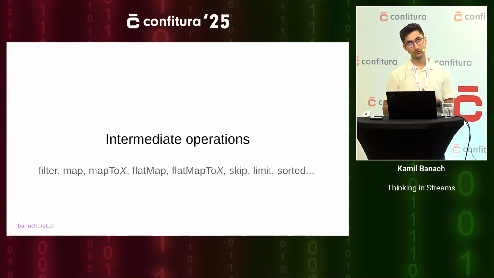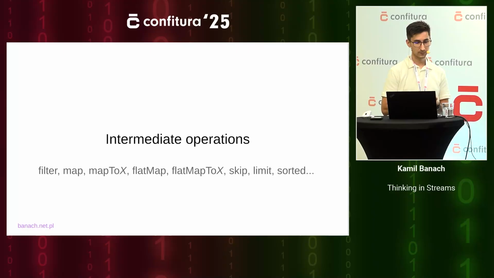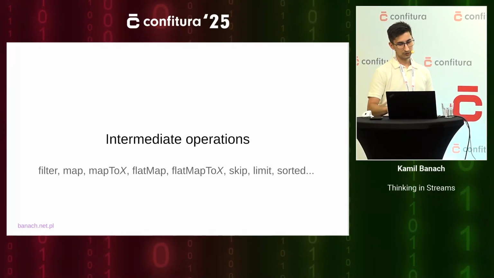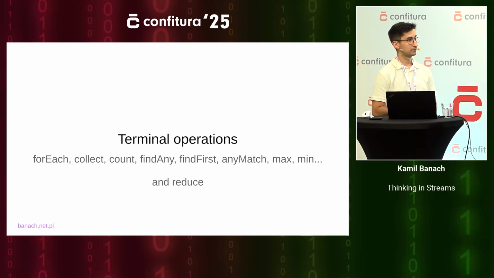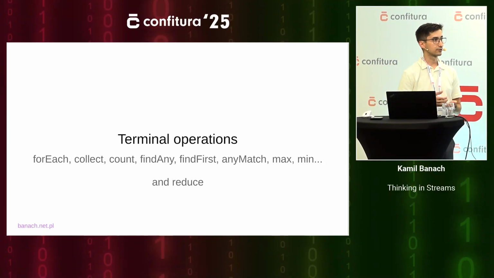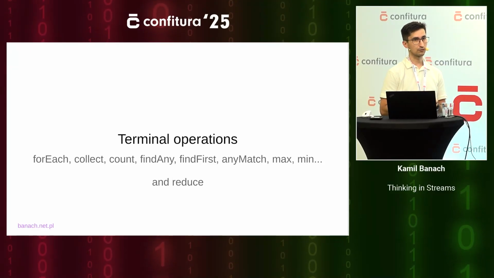We have multiple intermediate operations like filter, map, and so on. We also have a lot of different terminal operations: forEach, collect, and of course reduce. We can use them to tailor the streams to our needs.